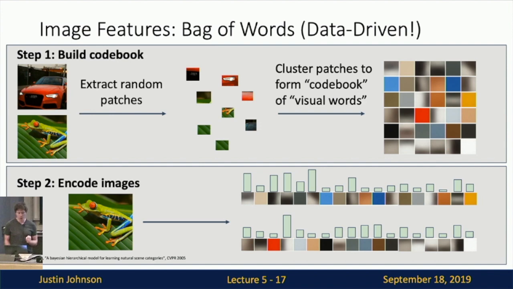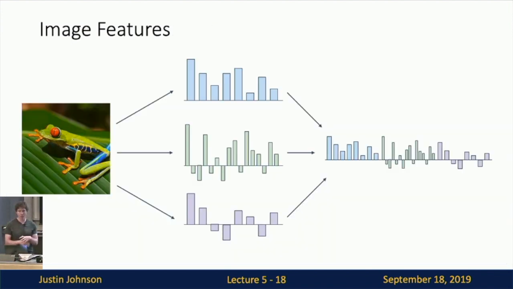But another common trick with image features is that you don't have to settle for one. You can imagine having a bunch of different feature representations of your input image and then concatenating them all together into one long feature vector.